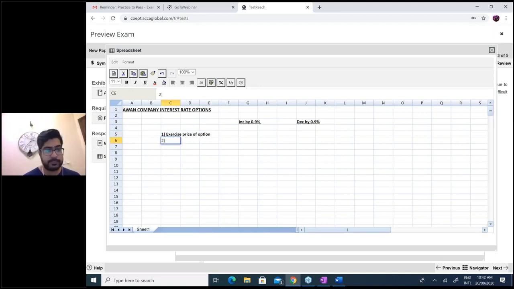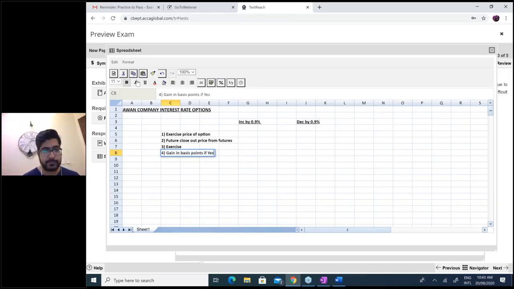Step two, you need to take future closeout price that is going to come from futures. Third step, exercise yes or no. Then the fourth step, gain in basis points.